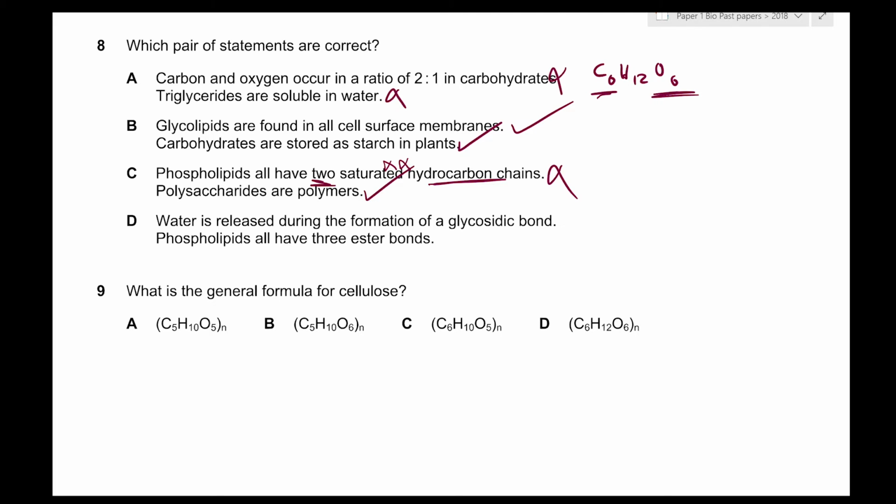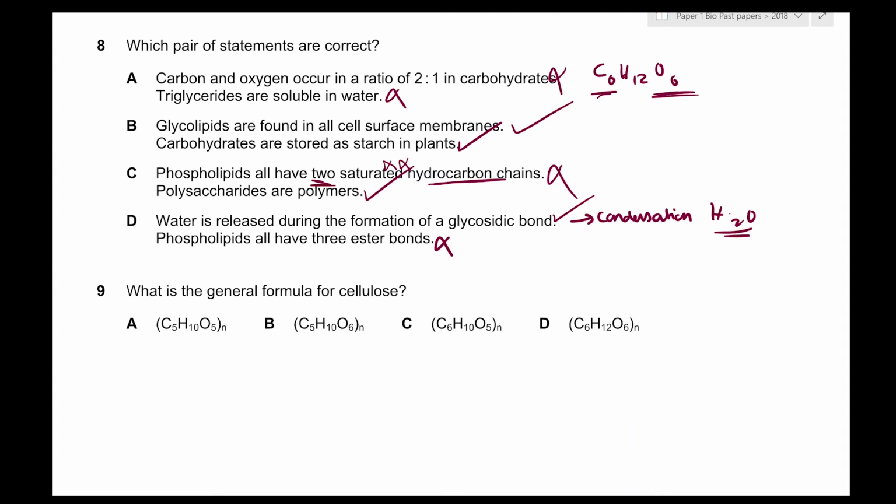D. Water is released during the formation of a glycosidic bond. So during formation of a glycosidic bond, this is a condensation reaction. And water is formed in a condensation reaction. Therefore, this is correct. And phospholipids all have 3 ester bonds. Now, this is incorrect.